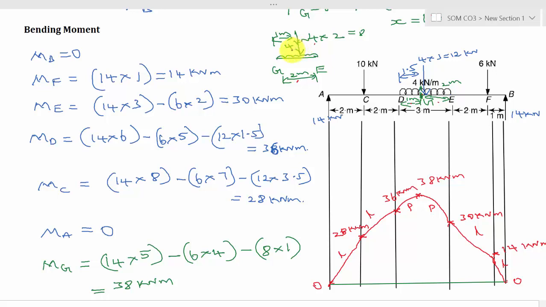The magnitude is 4 into the distance 2, and it will act in the center distance. So it is 2 divided by 2 is 1 meter. So that is why here it is 8 into 1 meter. So this is because of UDL. And while drawing the bending moment diagram, in the section of UDL, it is parabolic. In the remaining region, it is a linear line.